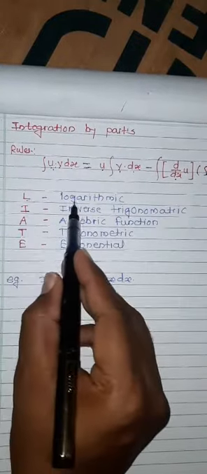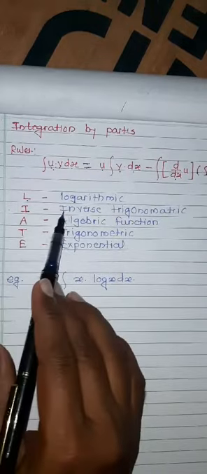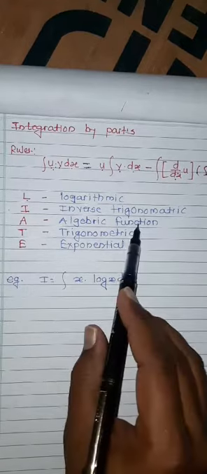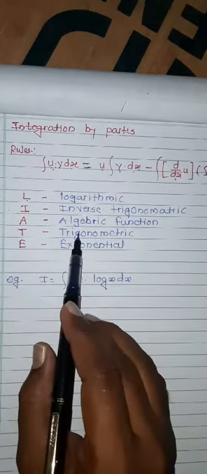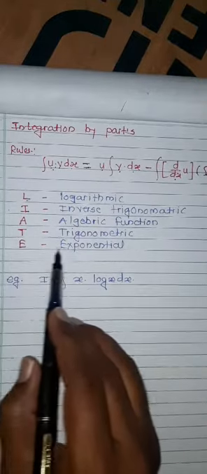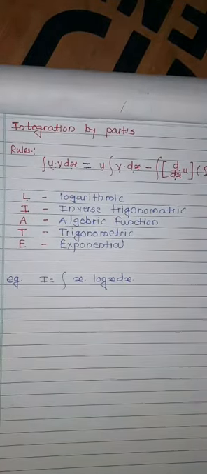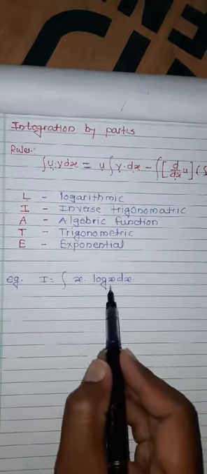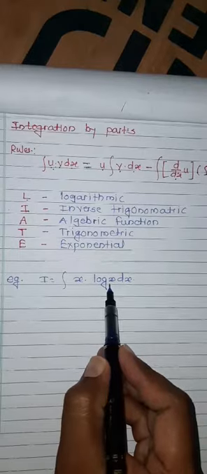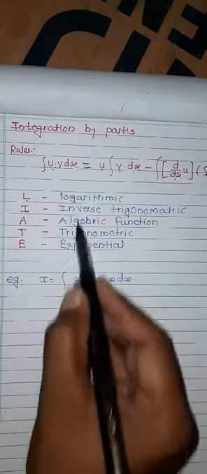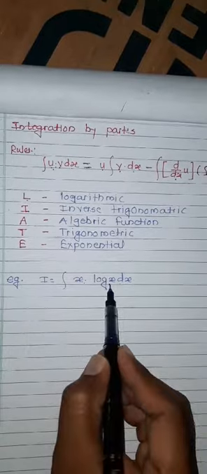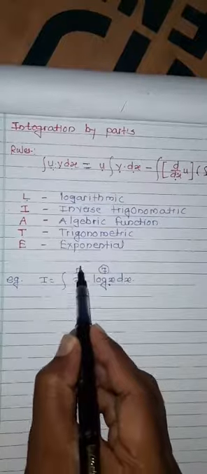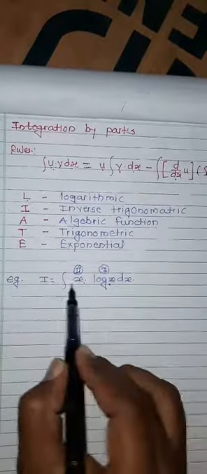L stands for logarithmic functions, I stands for inverse trigonometric functions, A stands for algebraic functions, T stands for trigonometric functions, and E stands for exponential. Suppose we have to take two functions, the first is x and the other is a logarithmic function. By using this rule, the logarithmic function is the first function and x is the second function in this problem, isn't it?